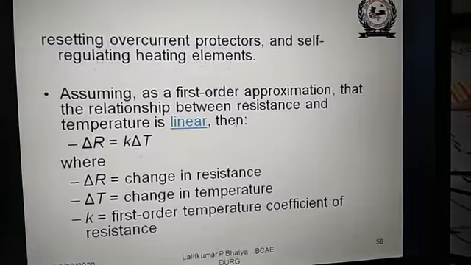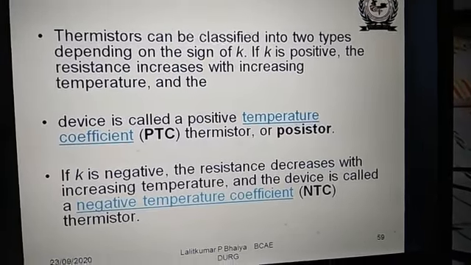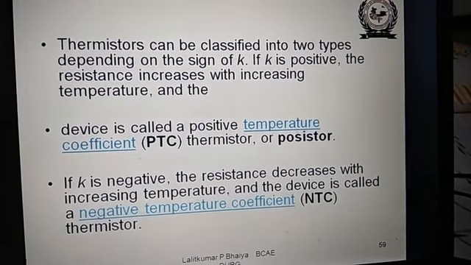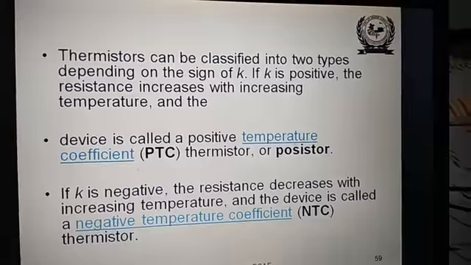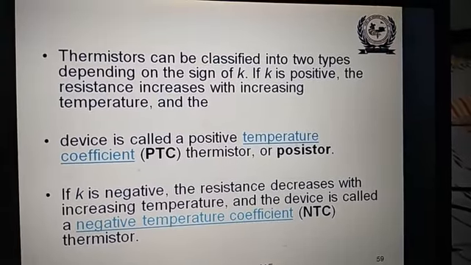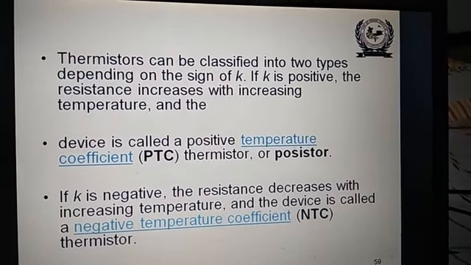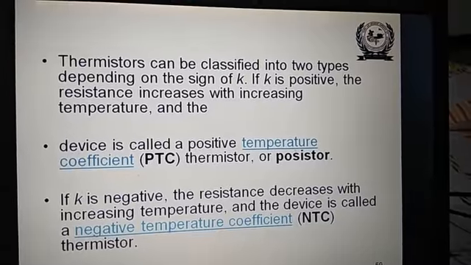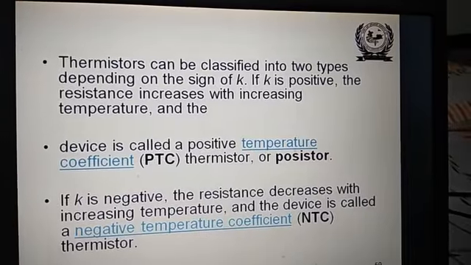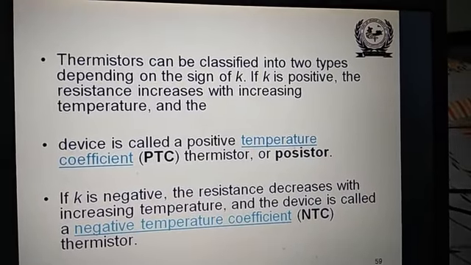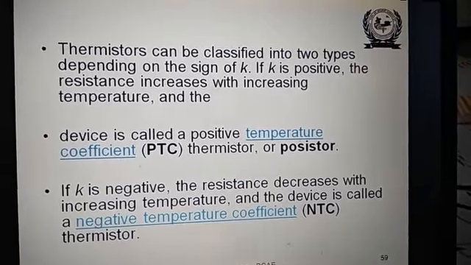So this relation can be used. Thermistors can be classified into two types depending on the design, depending on the sign of K. If K is positive, then resistance increases with increasing temperature, and if K is negative, then resistance decreases with increasing temperature.